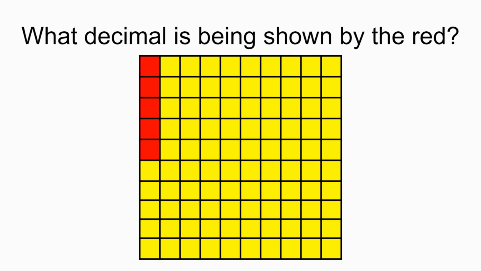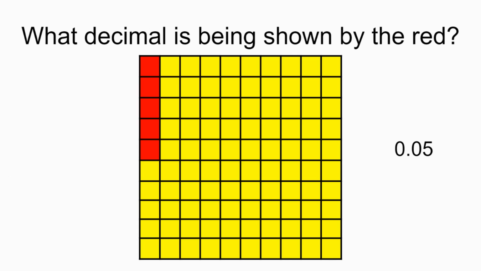What decimal am I modeling for you here? And the answer is 5/100. And again, on this one, there's 100 total squares that make up the ones cube. It got cut into 100 pieces, so each piece is 1/100th, and 5 of them are shaded red.